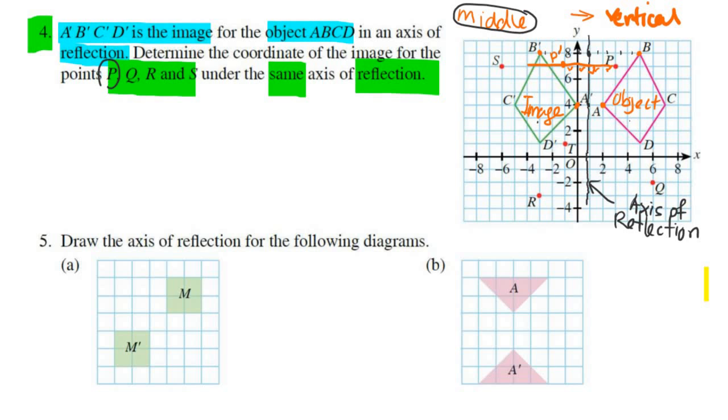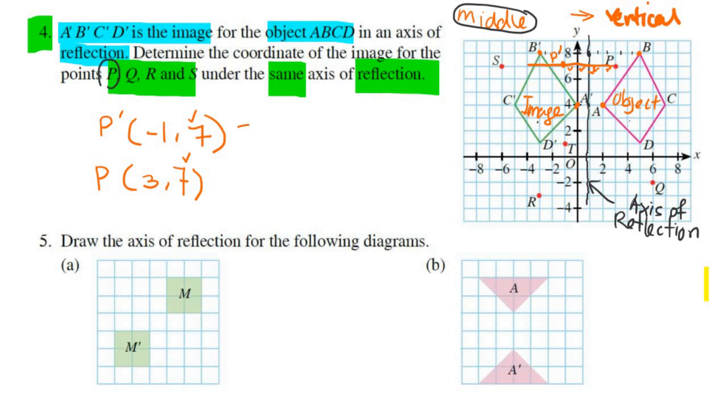Reading the coordinates, there is -1 and 7. So the image P prime is (-1, 7). If you compare with the object P coordinate, it is (3, 7). So you see, the y coordinate is a fixed number; the y coordinate has not changed.